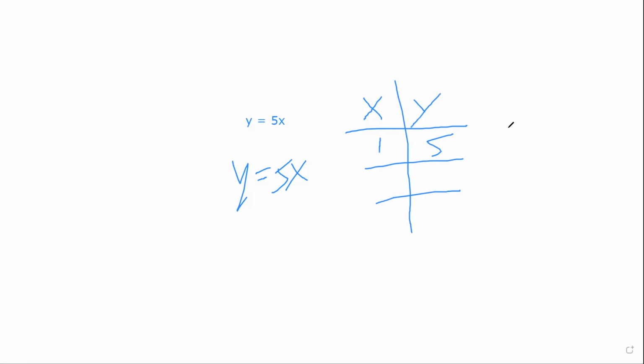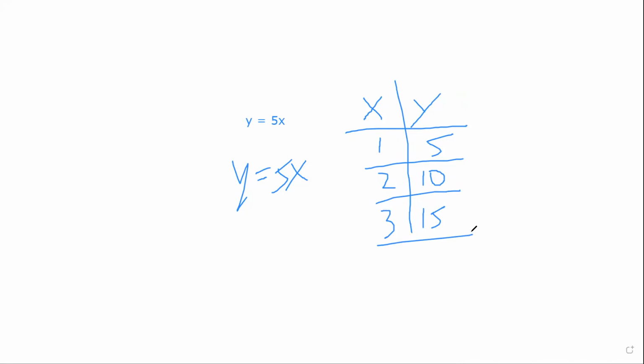This is a function in its purest form. Y is a function of x. You don't even know what y is unless you do something with the x value. So the only possible ordered pairs are going to follow that same pattern. They have to be in that pattern in order to remember our solutions for equations or things that give us true statements.